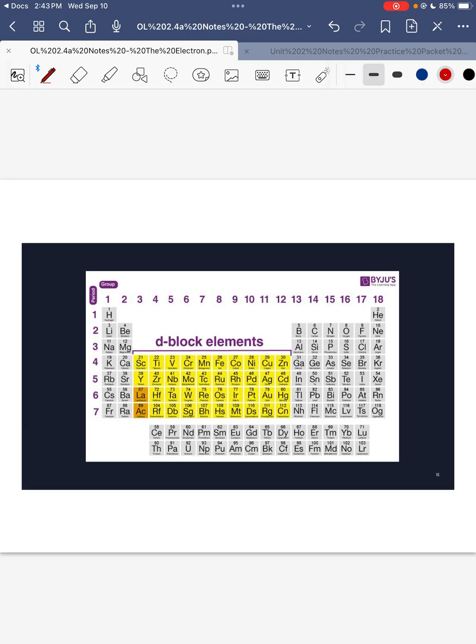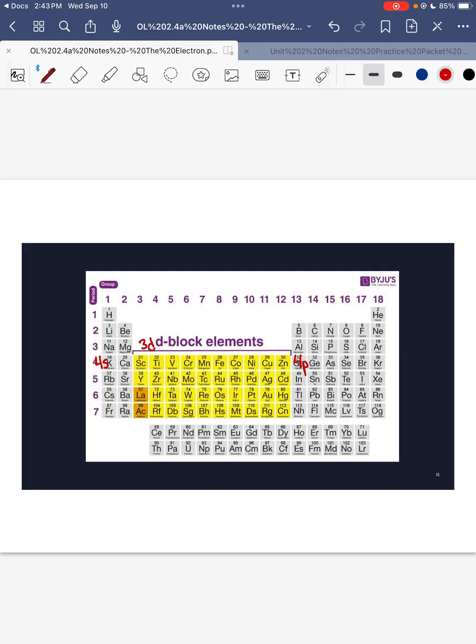As we can see here, there are 10 electrons capable of fitting in that block. The one big difference about the d block compared to the first 2 blocks we talked about is that where this is 4s and this is 4p, this is going to be 3d.